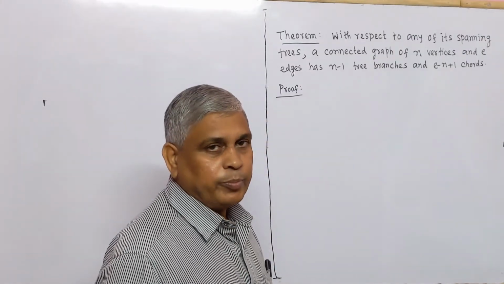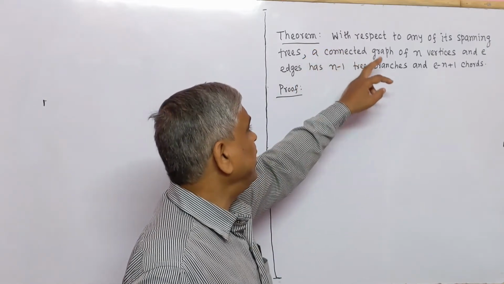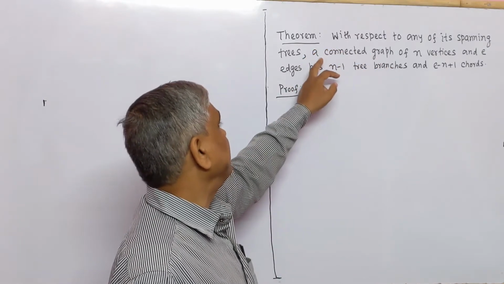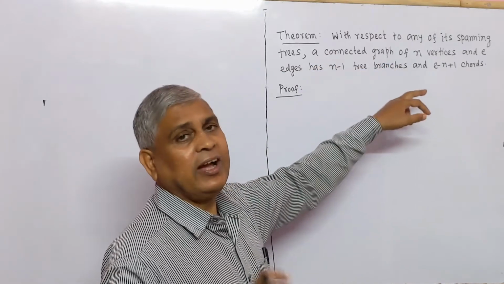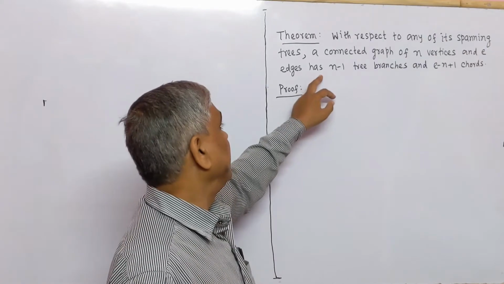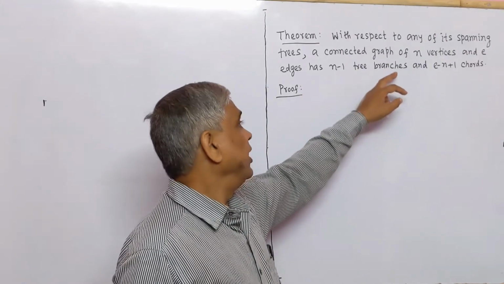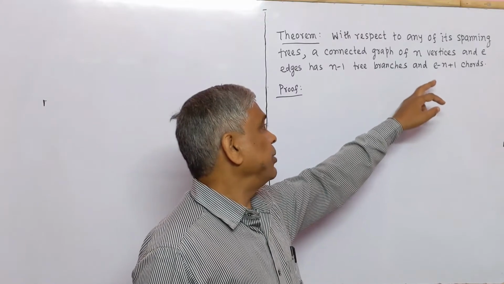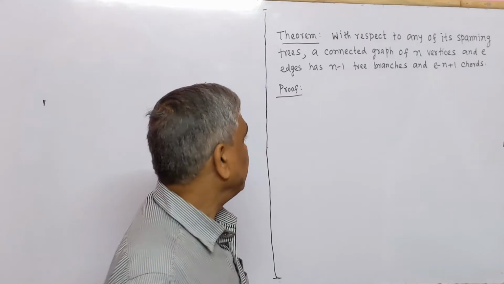Now we prove a theorem. The theorem is: with respect to any of its spanning trees, a connected graph of n vertices and e edges has n minus 1 tree branches and e minus n plus 1 chords. Now we prove this.